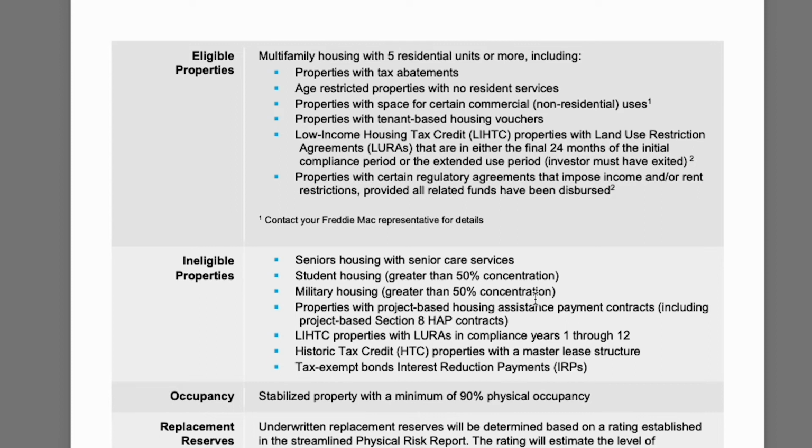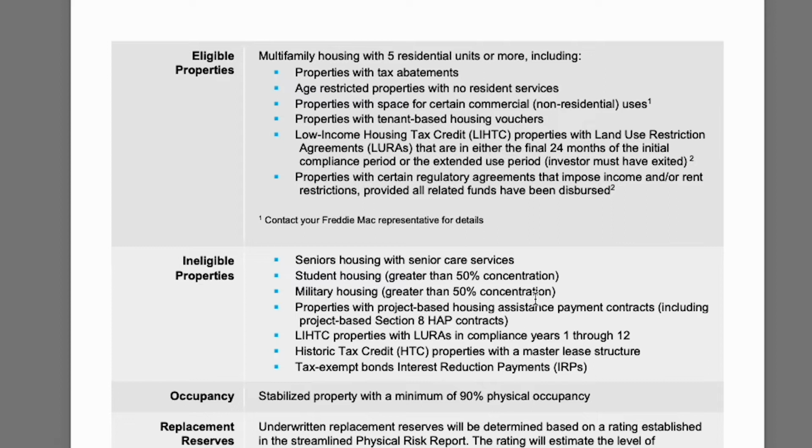This includes properties with tenant-based housing vouchers. This includes low-income housing tax credits and land use restriction agreements, also known as LURA, that are either in the final 24 months of the initial compliance period or the extended use period. Investors must have exited.